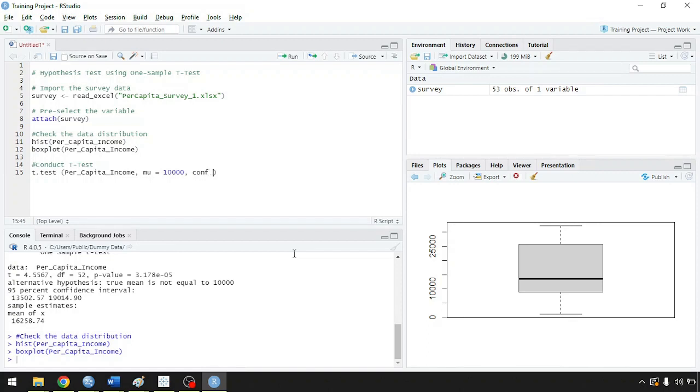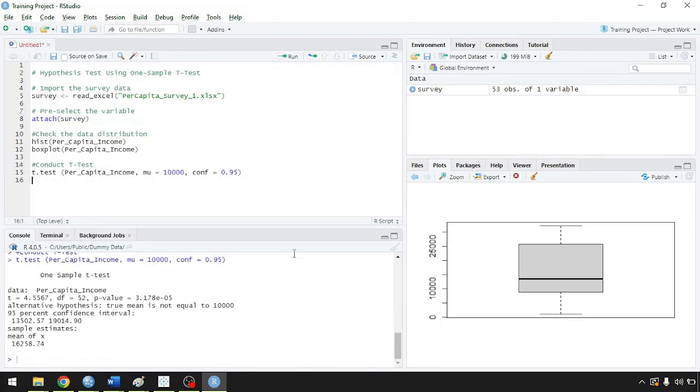The last part will be to put the confidence interval level. Since this is a socioeconomic related survey, we will be looking at a confidence level of 0.95, or the reverse, 0.05 for the p-value.